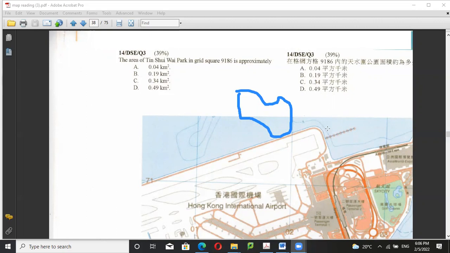How much? I think it almost occupies half of the square, isn't it? Be frank. I think it's not half. I mean, 1/5 of the square, isn't it?